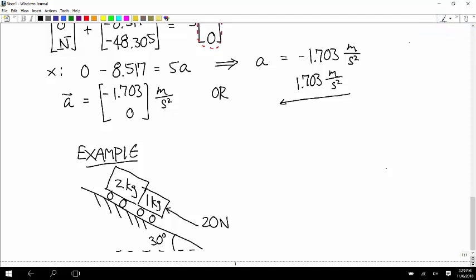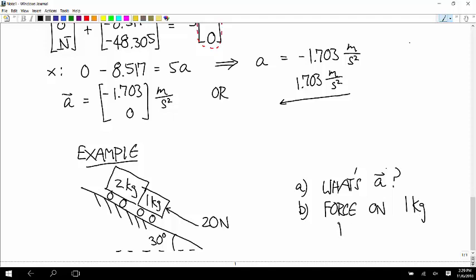And let's say we want to calculate two things. First, what's the acceleration? And second, what's the force on the 1 kilogram by the 2 kilogram?